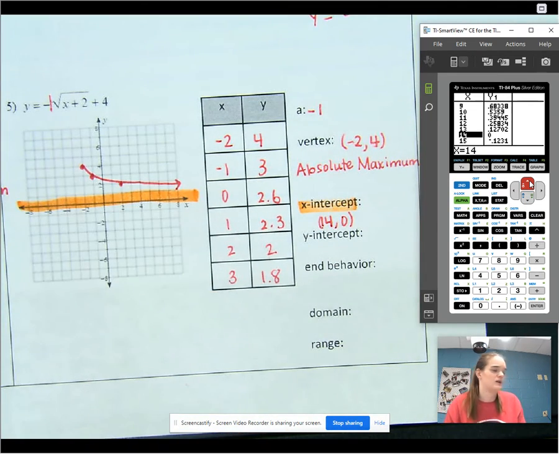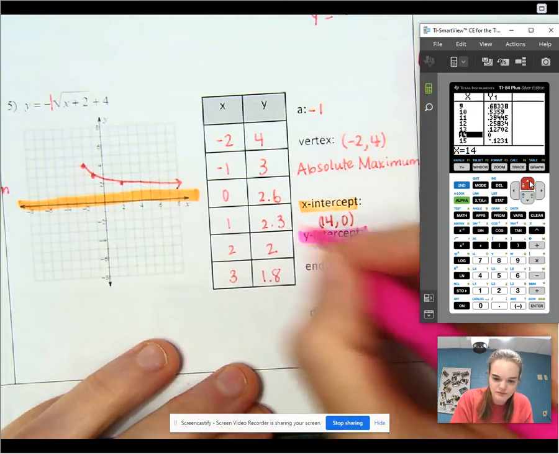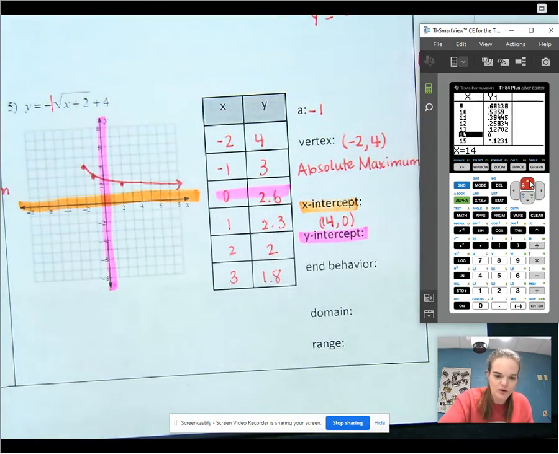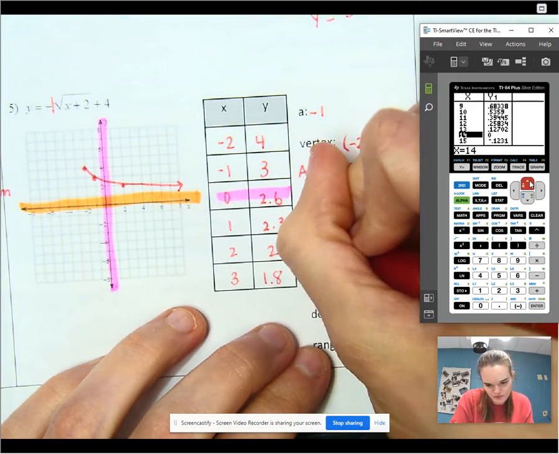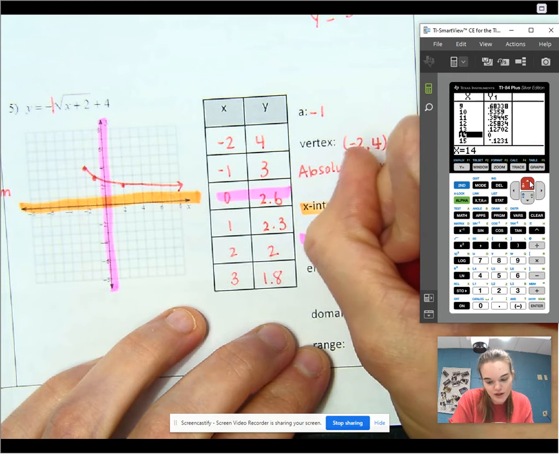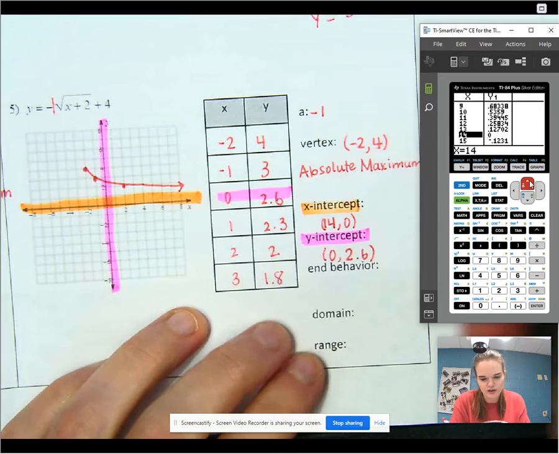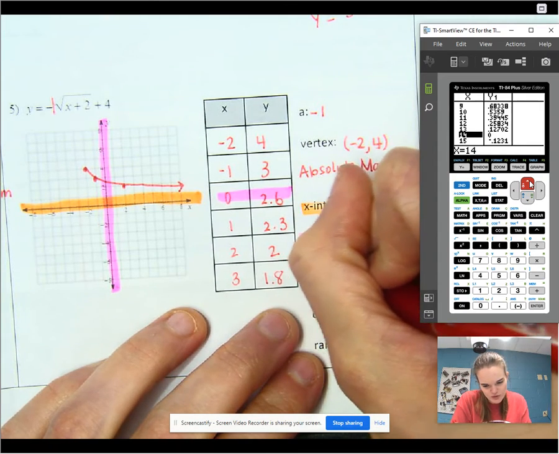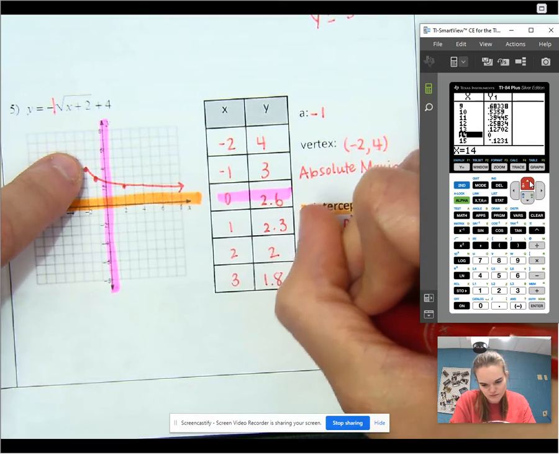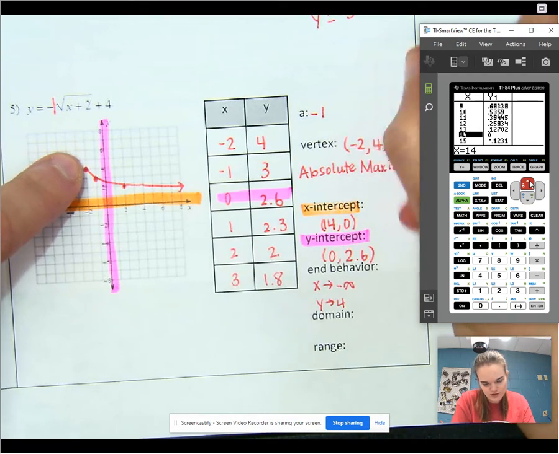14, 0. The y-intercept is in our table, and that's 0.26. I can't speak today. When x approaches negative infinity, y stops at 4, which is right here.